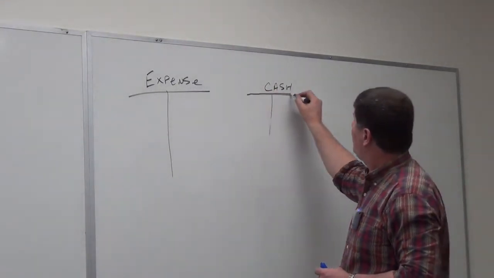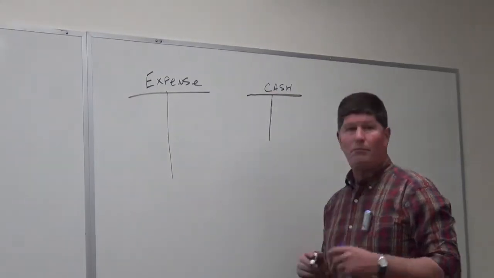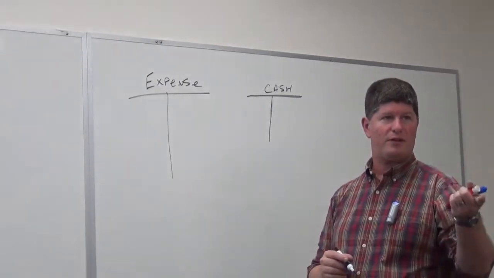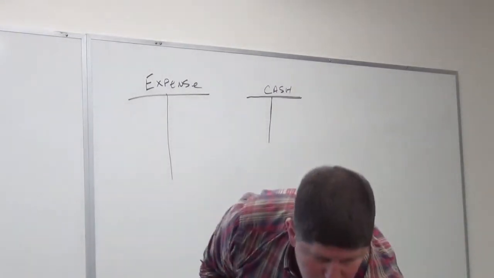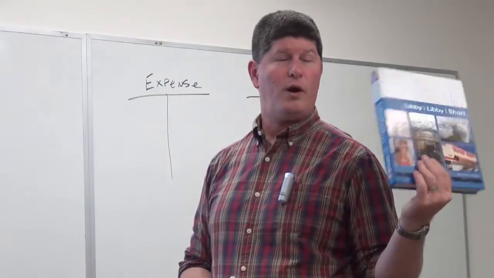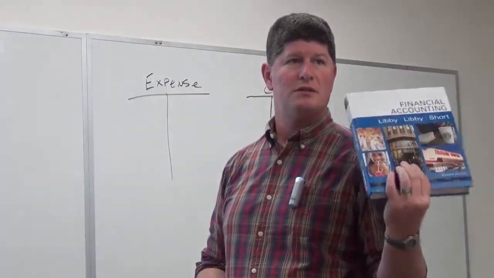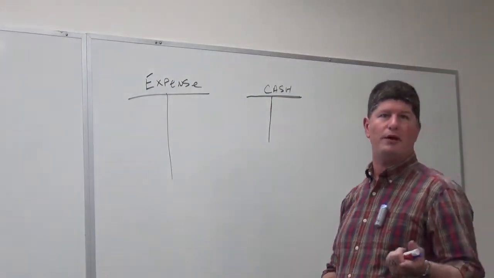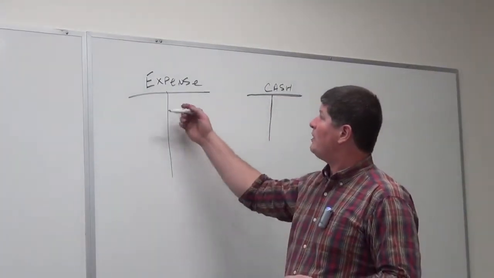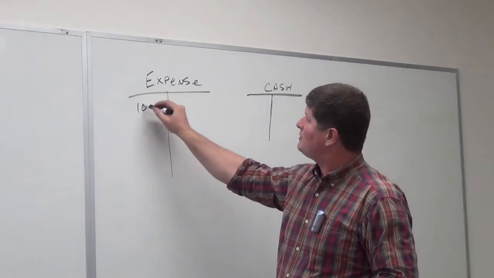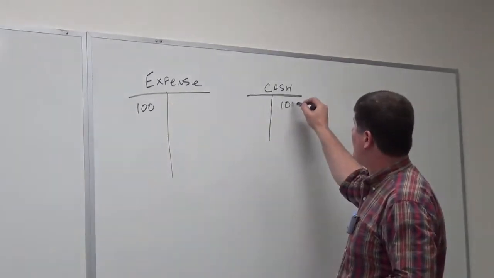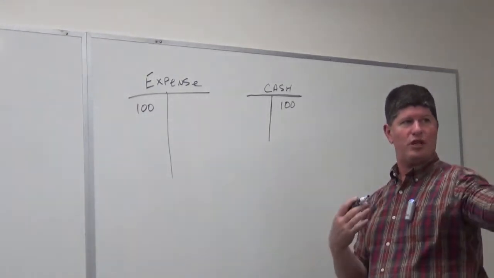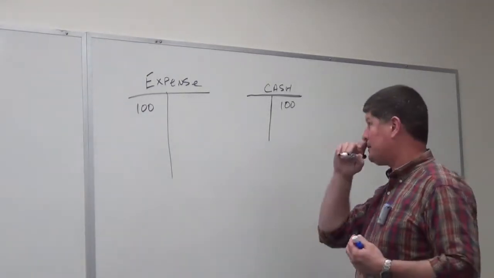So if I buy something from you and I get the product and I pay for it at the same time. Say I buy books for the bookstore. I walk into your warehouse and I buy a box of books and I pay you cash and I walk out with the books. I have an expense, right? Expenses are debits. And I give you cash. Cash goes down. So that's where cash changes hands the same time the product changes hands.